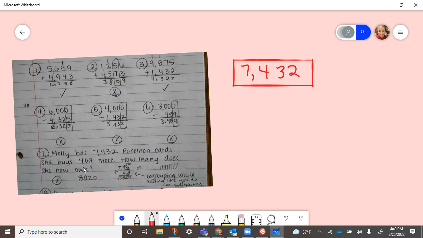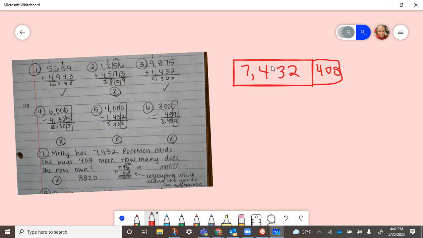Then she goes and buys 408 more. So I'm going to add a little bit more here, and I'm going to put the 408, and that's showing that she got 408 more. So this is an addition problem because it's asking me how many does she have now.